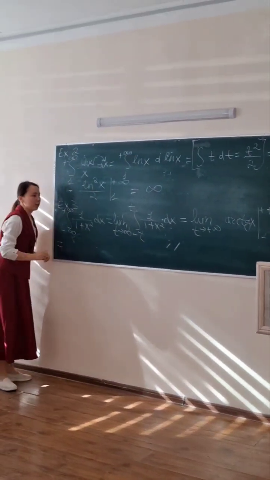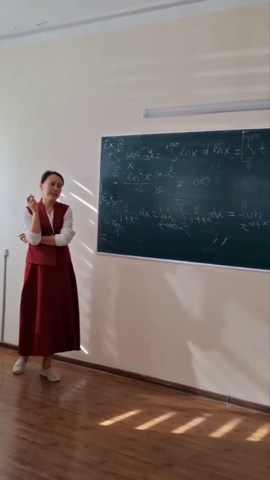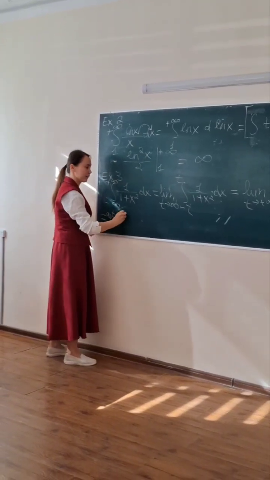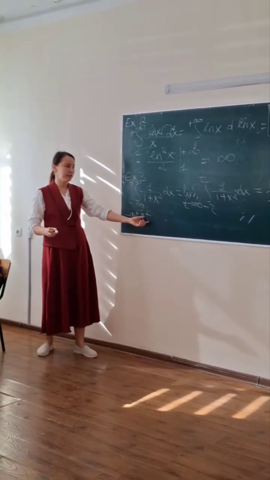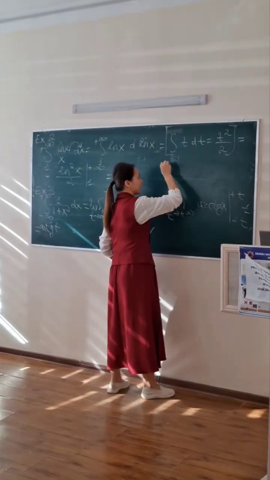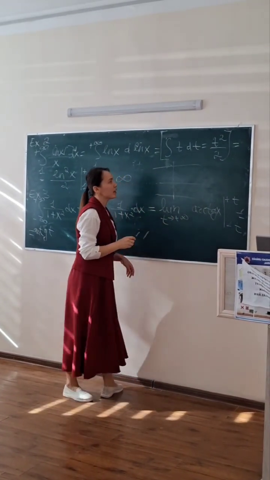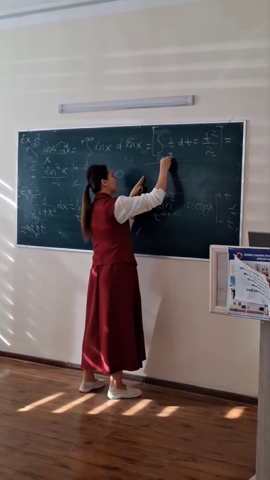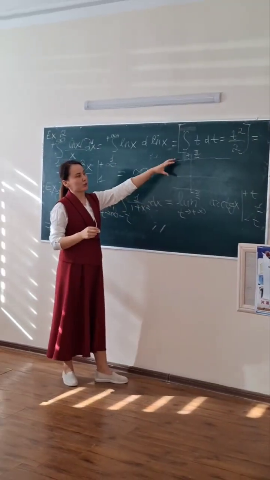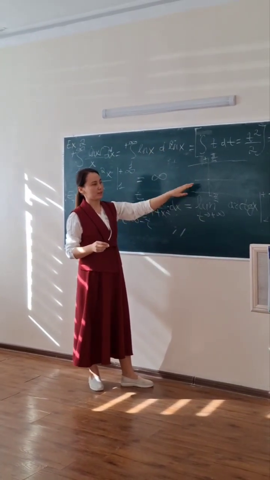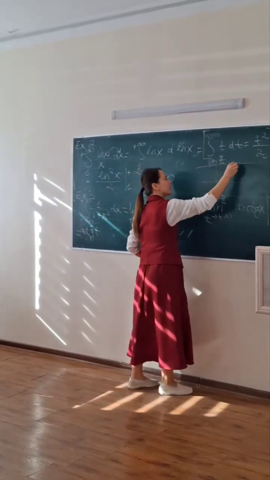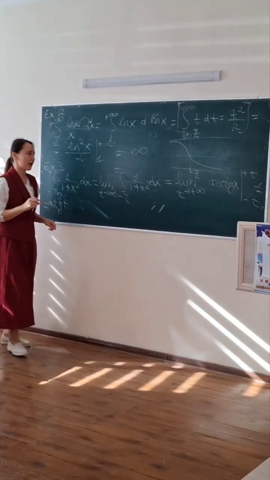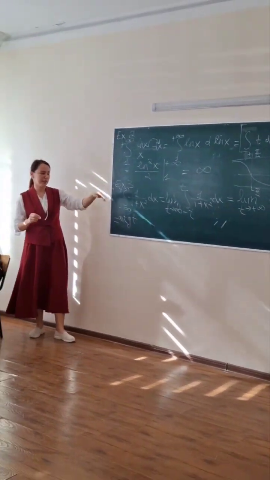Arctangent is bounded between minus pi divided by 2 and plus pi divided by 2, and that's why the graph of arctangent looks like this.